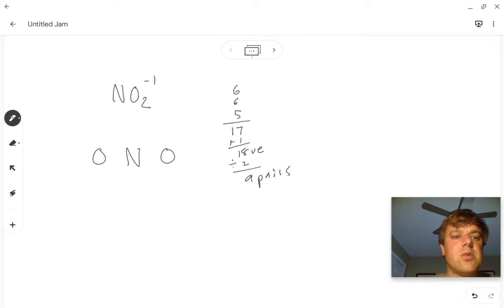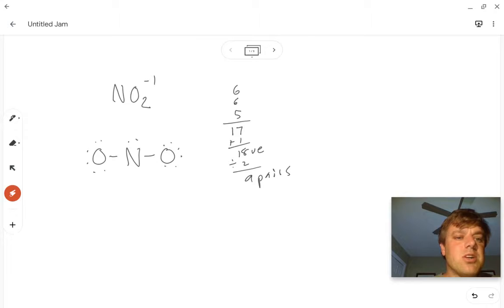That gives us 18 valence electrons, or 9 pairs. So we go 1, 2, 3, 4, 5, 6, 7, 8, and 9. And then we have a problem because the nitrogen is short a pair of electrons. It's only got 1, 2, 3 pairs, or 6 electrons, and the octet rule says you need 4 pairs or 8 electrons.